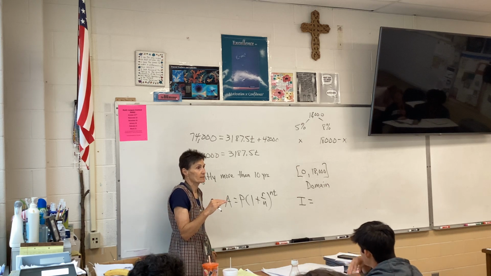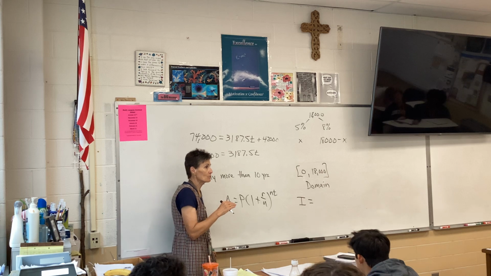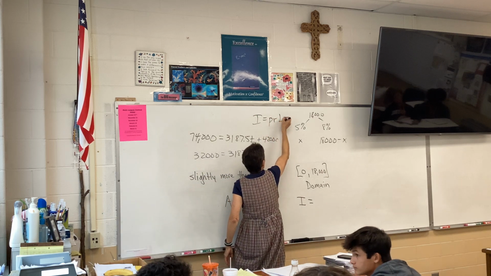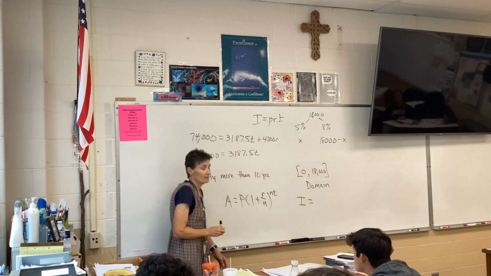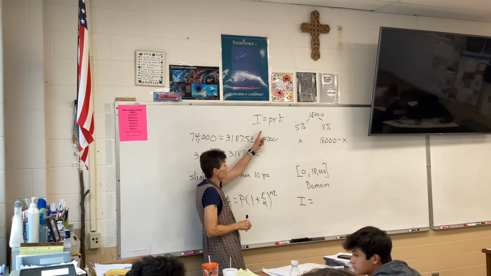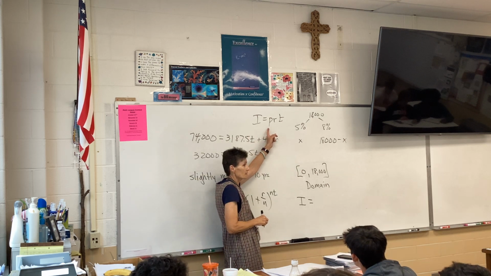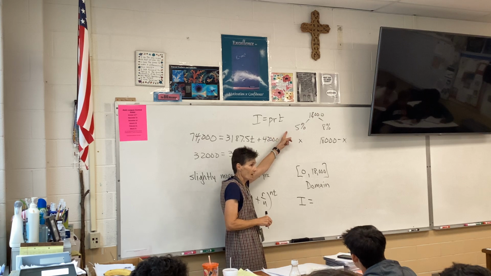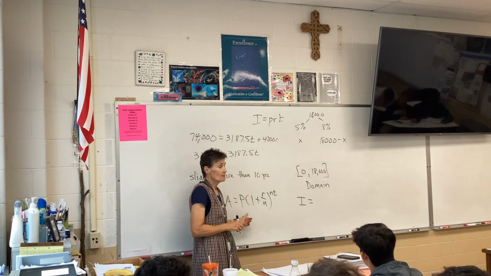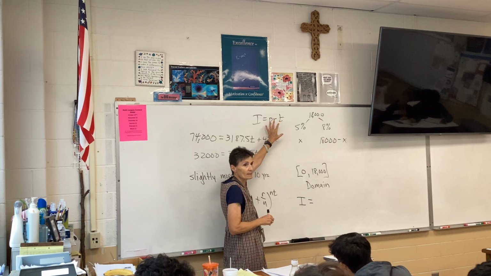This is simple interest. Simple interest is I equals PRT. You learn that in Algebra 1. Interest equals PRT: principal times rate times time. Now, this is compound interest. This is more sophisticated. This is simple interest right here.